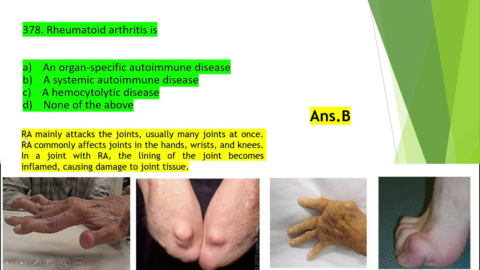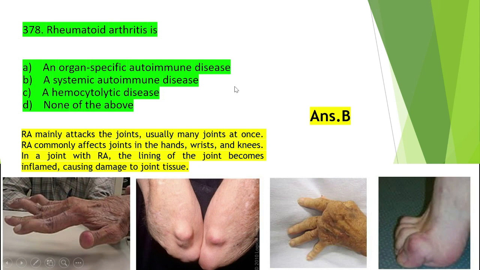Rheumatoid arthritis, RA, mainly attacks the joints, usually many joints at once. RA commonly affects joints in the hands, wrists and knees. In a joint with RA, the lining of the joint becomes inflamed, causing damage to joint tissues.